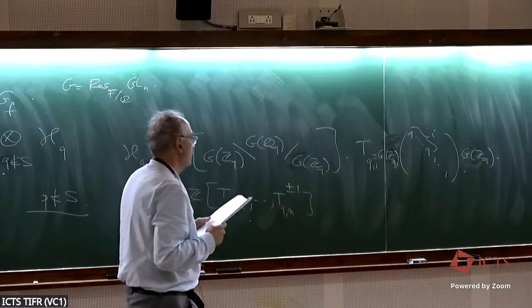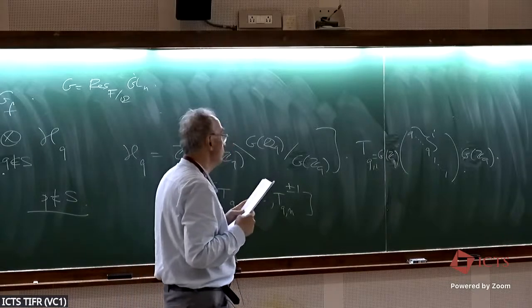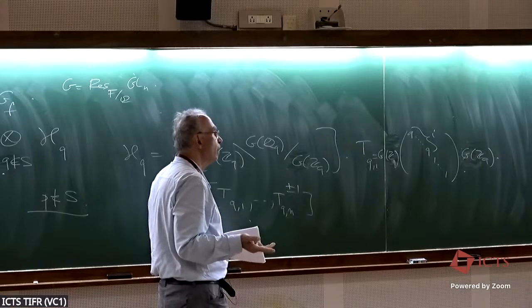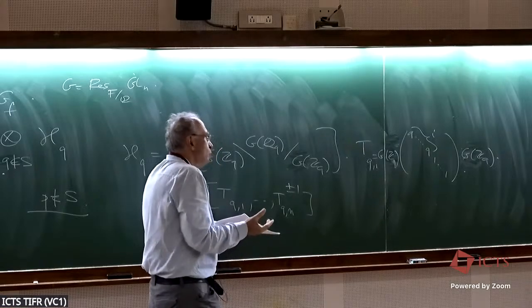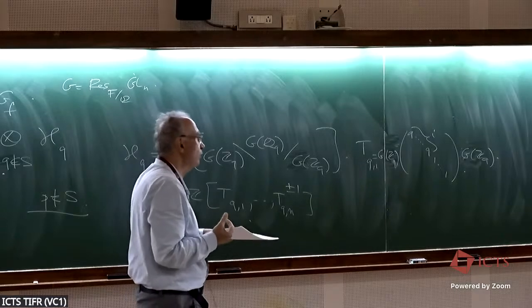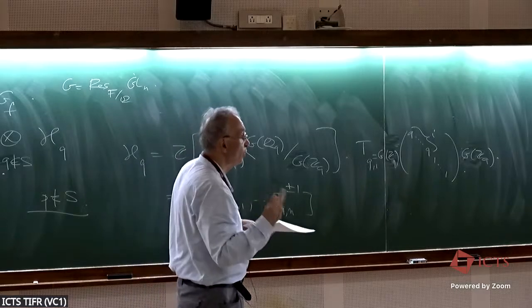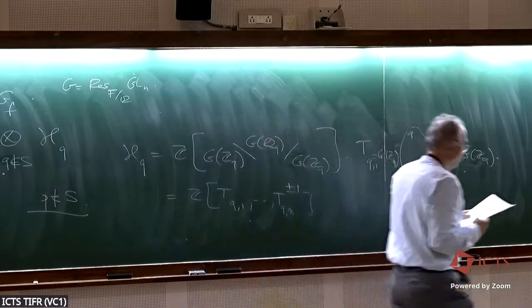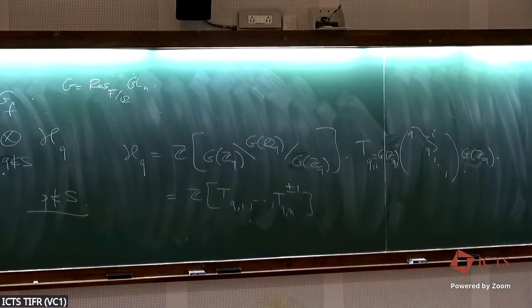Otherwise it's okay, but everything will be divisible by p, and we want the Hecke eigenvalues to be as little divisible by p as possible. Otherwise, they are all divisible by p. So we have to modify slightly the Hecke operators at p. There is a trick for that.